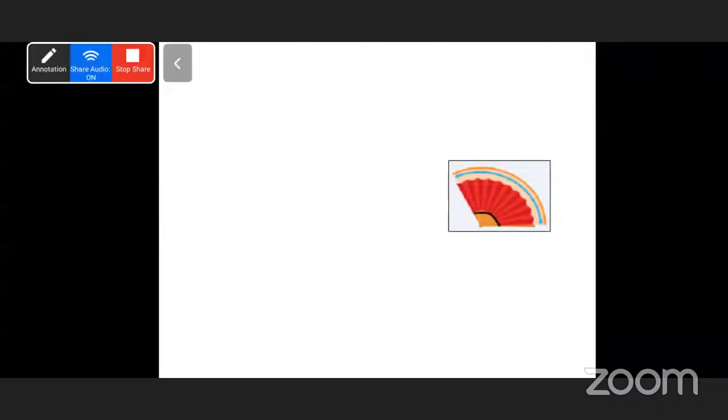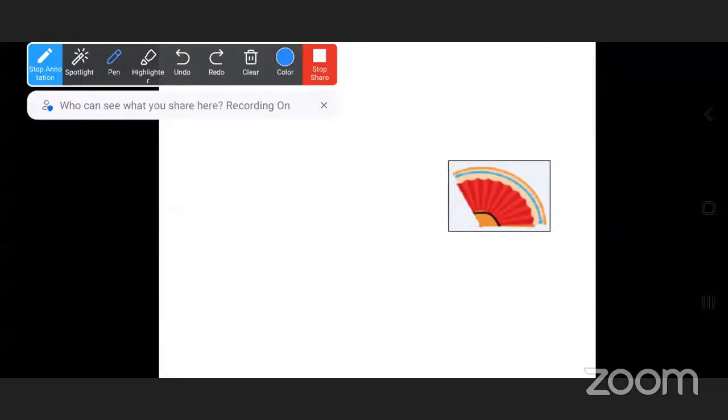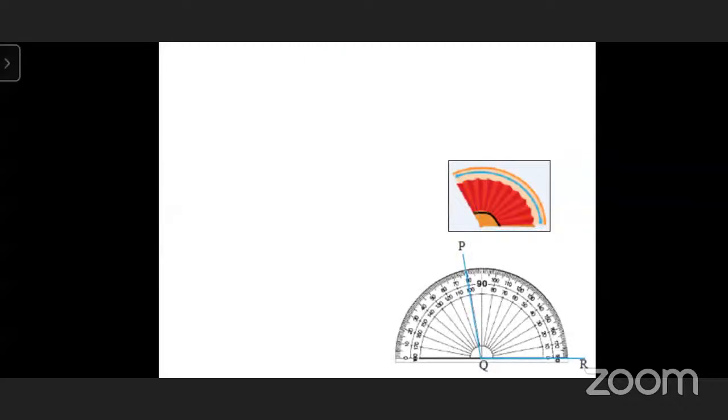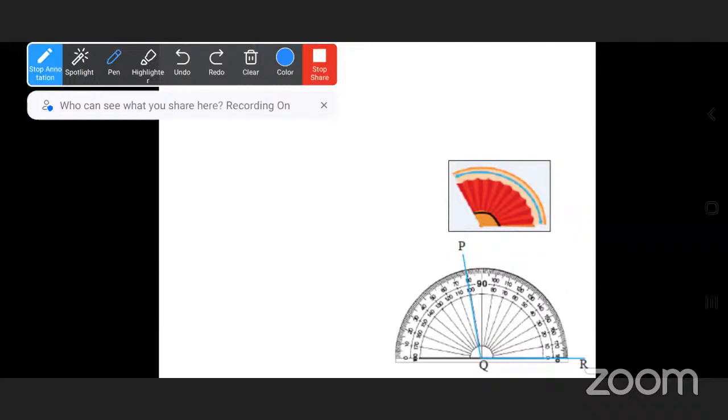Now, this is a part of a homemade fan. Tell me what is the angle made by this fan? Obtuse angle. Very good. Obtuse angle means here the angle is more than 90 degrees.